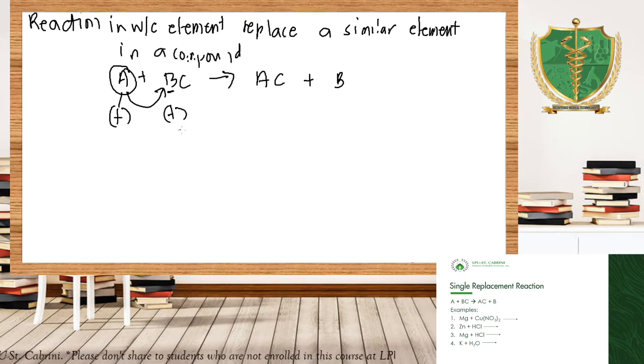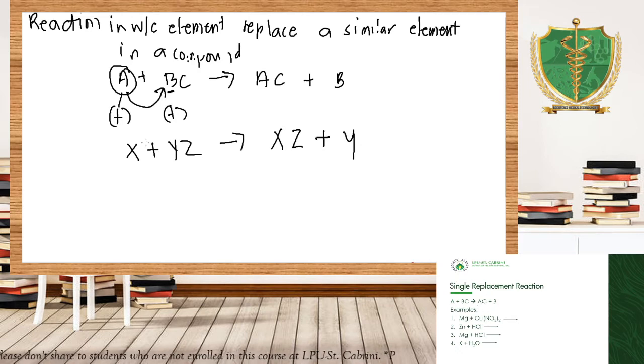Now let's say, for example, we have a non-metal, so that is basically X plus YZ is equal to XZ plus Y, wherein X and Y are both negatively charged, or what we call non-metals. So we have X plus YZ will give you XZ plus Y.